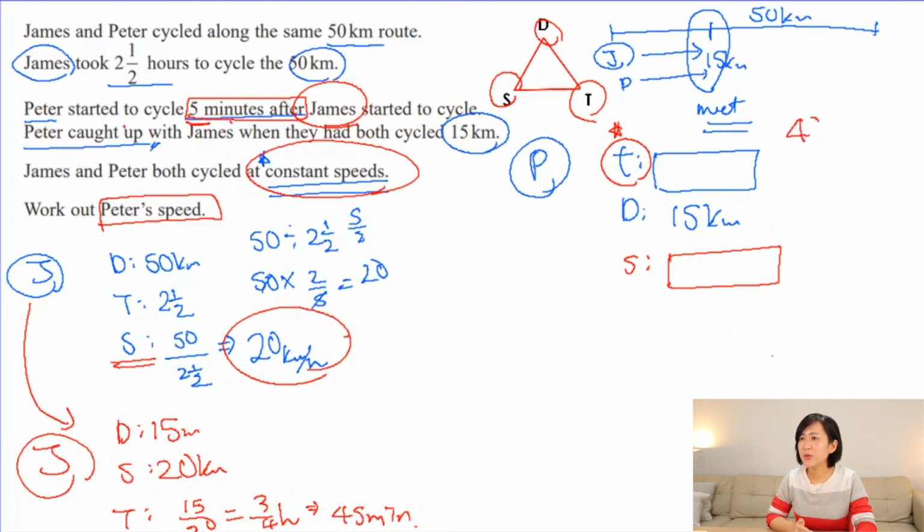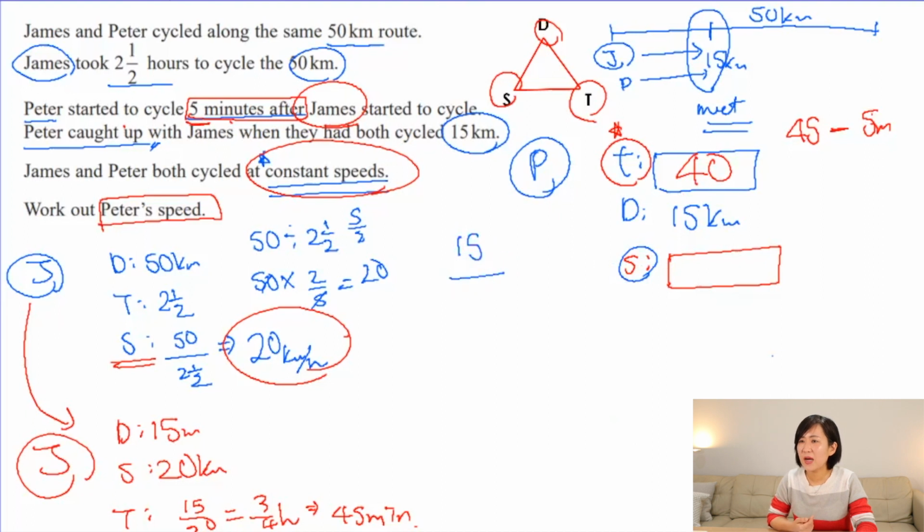Then, as we know James took 45 minutes, Peter took 5 minutes less than him. So let's write down 45 is James' time. We need to take away 5 minutes. Then that is 40 minutes. So Peter takes 40 minutes to get to 15 kilometers.